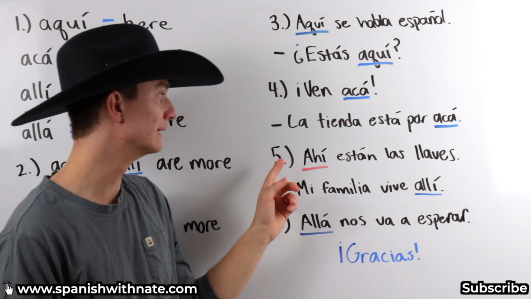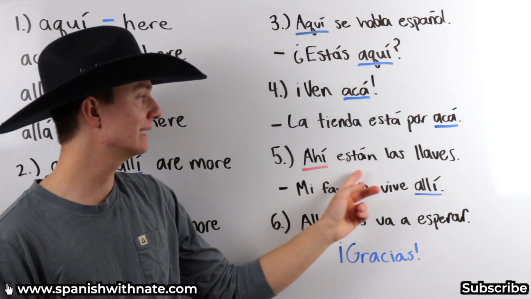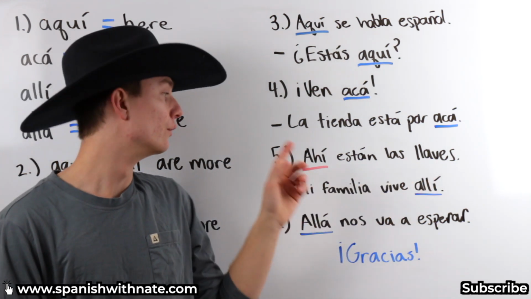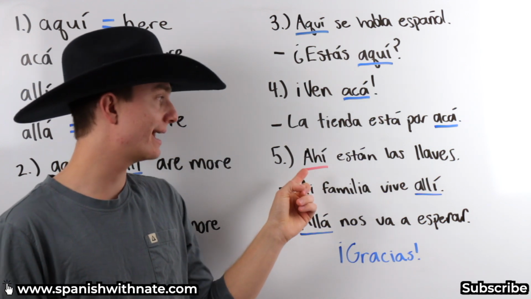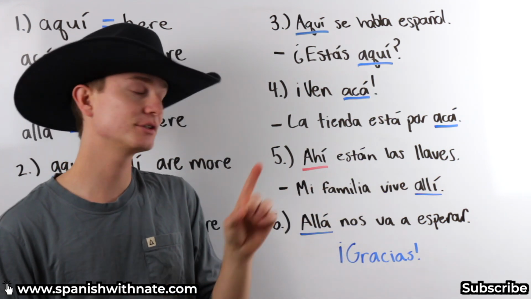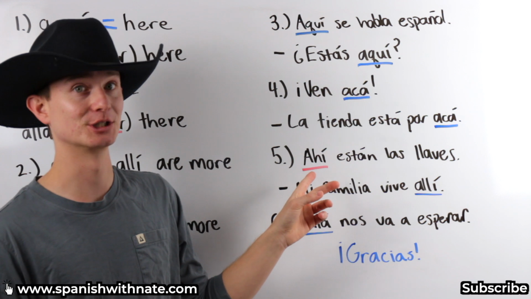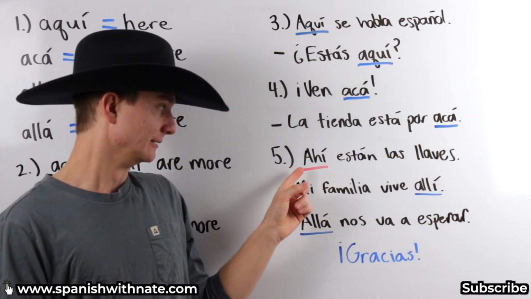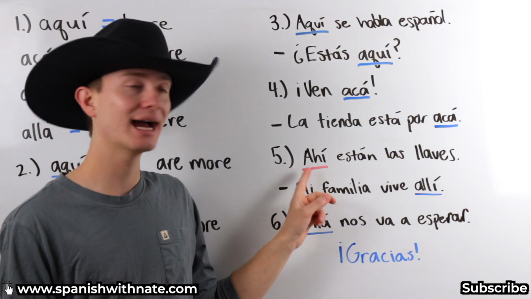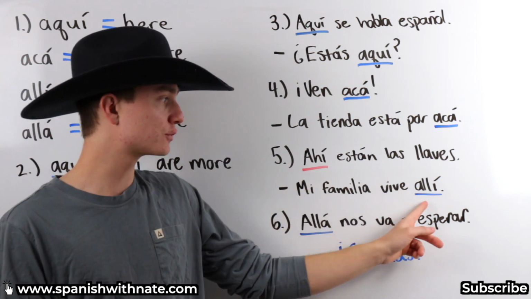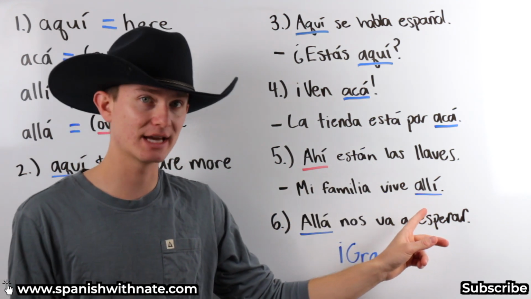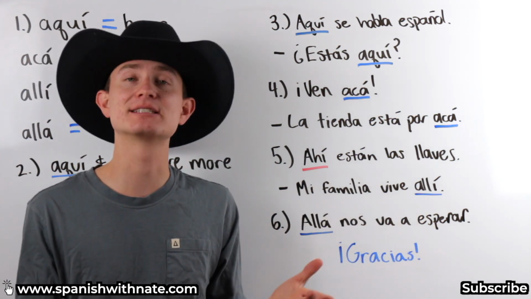All right? Next. Ahí están las llaves. Now, the reason I highlighted this in red is because you may have noticed I haven't written this version of ahí down yet. Notice how this ahí has an H right here. And this one has 2 L's, okay? Why is this? They sound exactly the same.